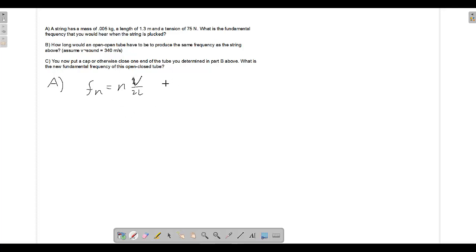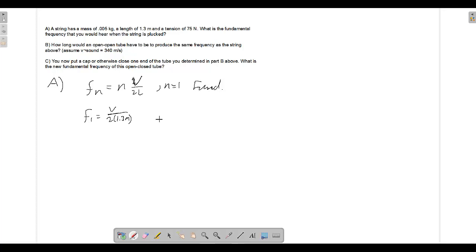For the fundamental, n is equal to 1. So F1 is just v over 2 times our length, which is 1.3 meters. But we have to figure out what v is, the speed of the wave in the string.